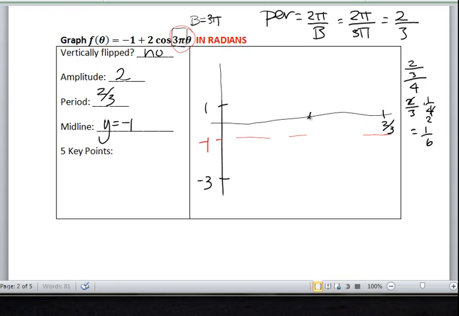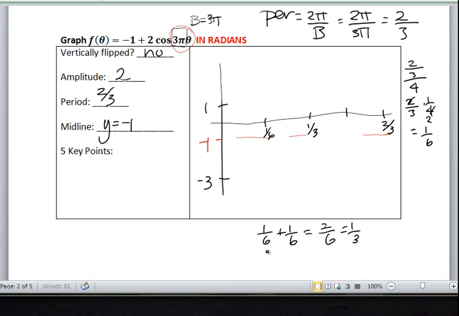Okay? So, from 0 plus 1/6, this is 1/6, and then 1/6 plus 1/6 is 2/6, and simplified, that is 1/3, right?